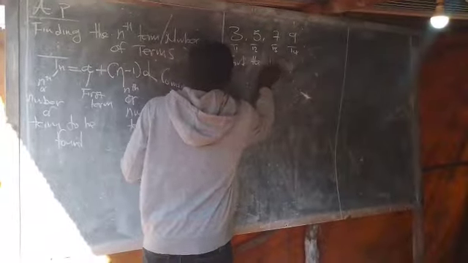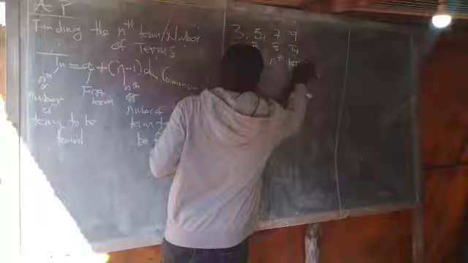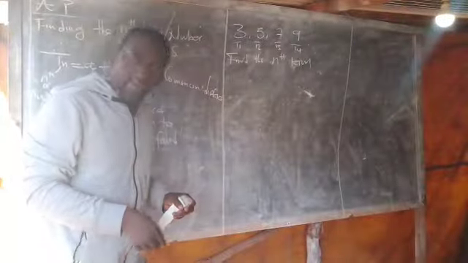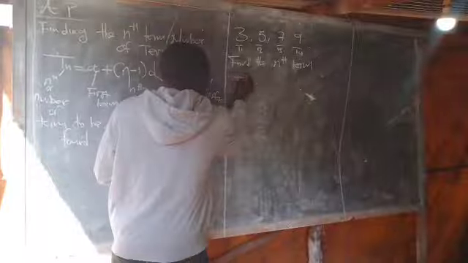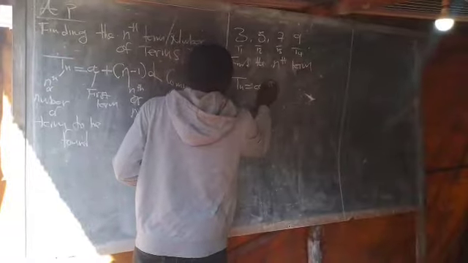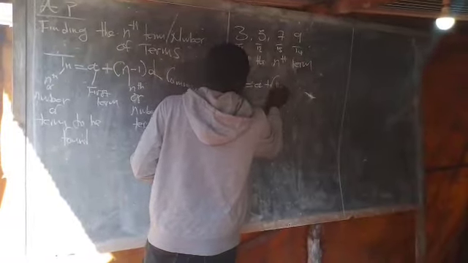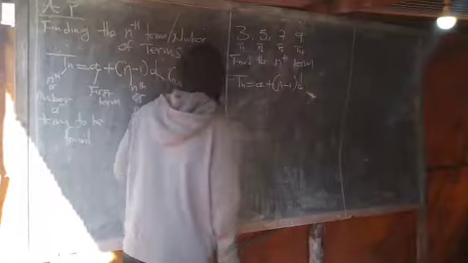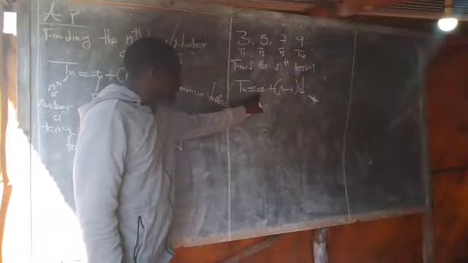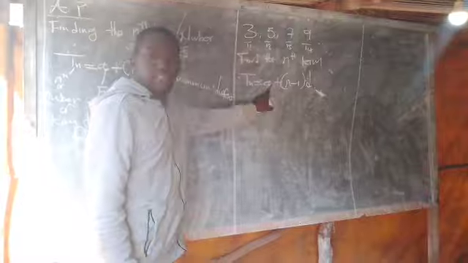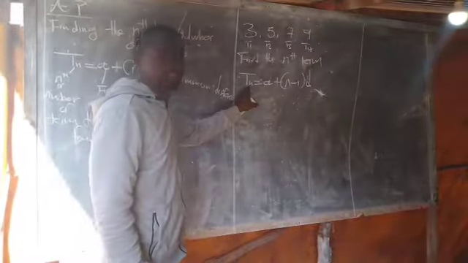To find the nth term, you write down your formula: Tn equals a plus open brackets n minus 1 d. Remember, a represents the first term, Tn represents the nth term.